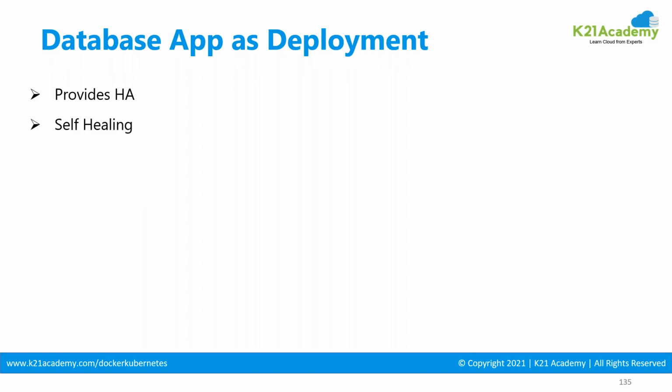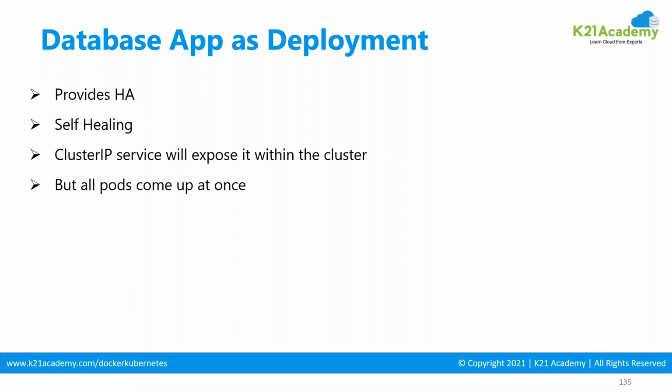It is self-healing. Similar to a deployment, a stateful set also has self-healing. A cluster IP service will be exposed within the cluster, as with a deployment of the database app. What is another feature of the deployment? If you are deploying the database application, all pods come up at once, right?